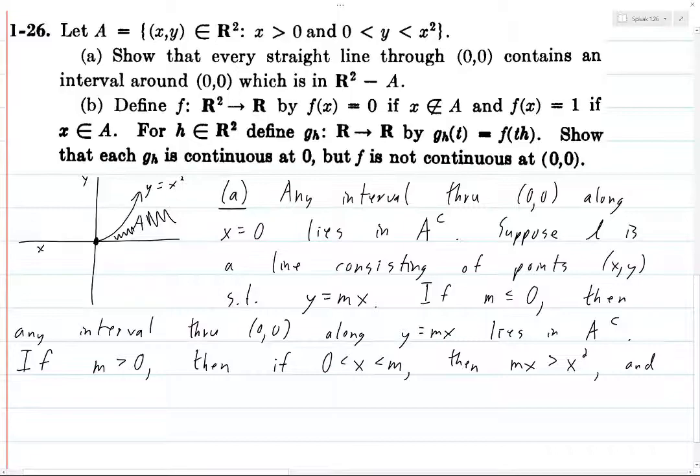Because m is greater than x, and you just take that inequality and multiply by x. And so the point (x, mx) is not in A.